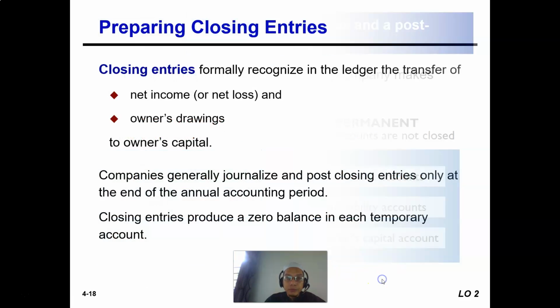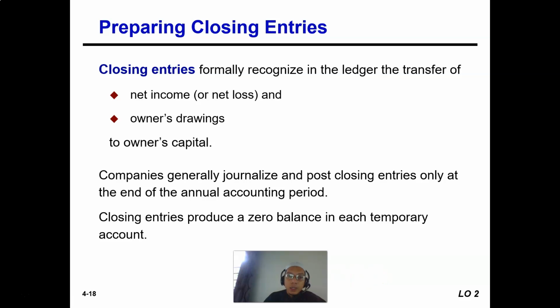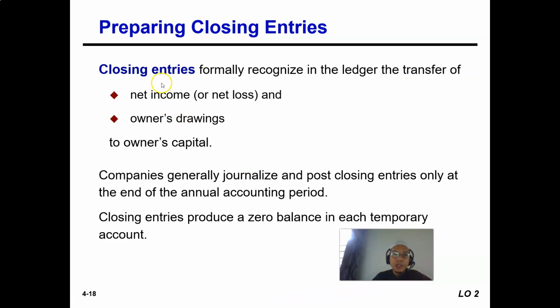Therefore, we need to do closing entries. Closing entries formally recognize in the ledger the transfer of net income and owner's drawing to the owner's capital. We know that the owner's capital account is a permanent account because the owner still owns the company throughout the company's life. But the owner's capital will increase due to profit.